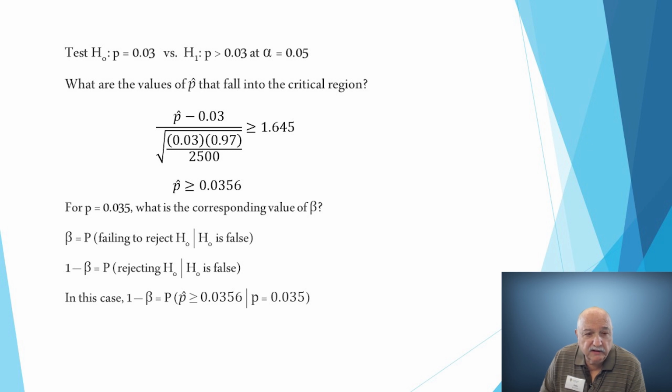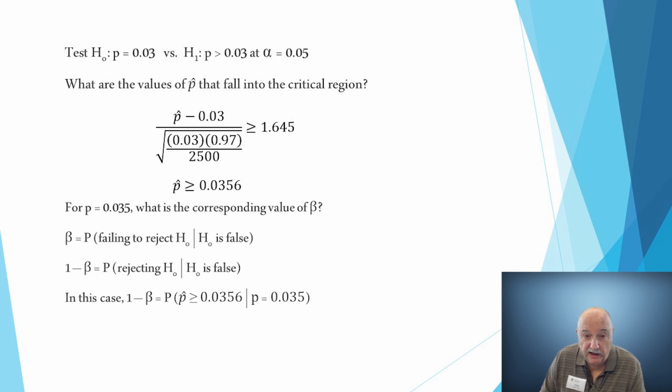Okay, the test statistic, p hat, which is our estimate of the population proportion based on our test sample, is p hat minus, well, if the null hypothesis is true, then p is equal to 0.03, divided by the standard deviation of the population proportion. That's equal to the square root of 0.03 p times 0.97 q, or 1 minus p, divided by the sample size.